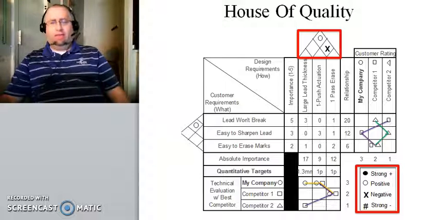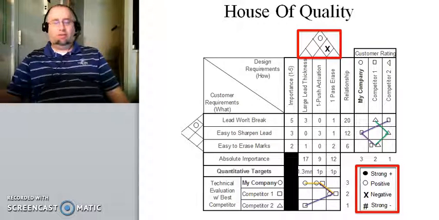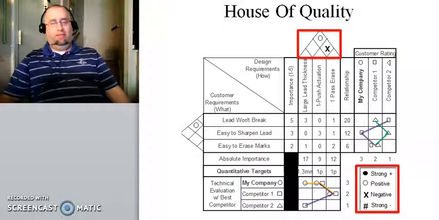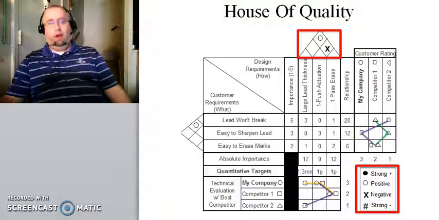Okay, so this little roof triangle here, this is actually why this diagram is called house of quality, because a lot of people think that this looks like the roof of a house, and so house of quality is sort of a metaphor for the shape of this diagram. What this roof shape does is it gives us a way to evaluate the correspondence between our engineering requirements.